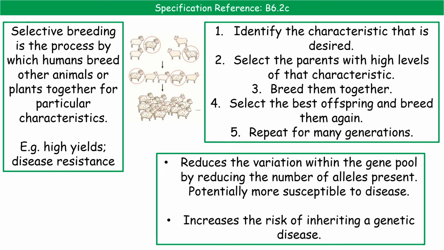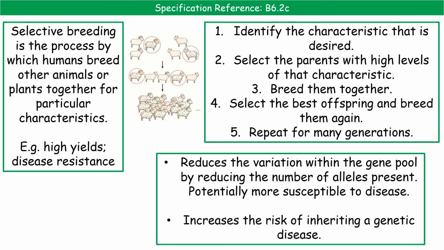So if we wanted woolly sheep, what we would do is pick the two circled ones with lots of wool, allow those two to breed together, and then in the next population we would start picking out the ones with lots of wool, let those breed together, until over many generations we end up with a population consisting of very woolly sheep.